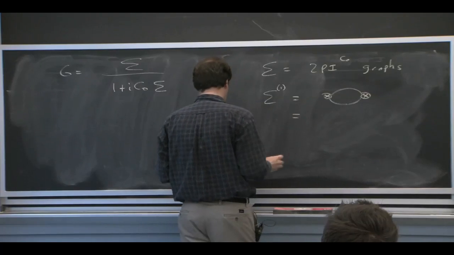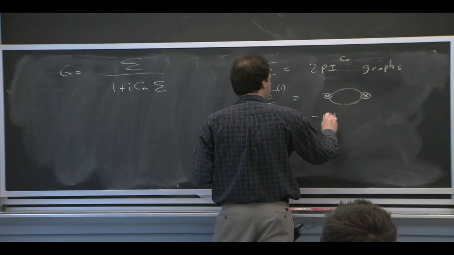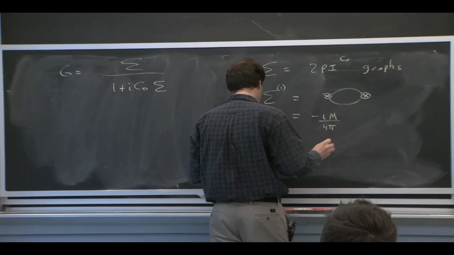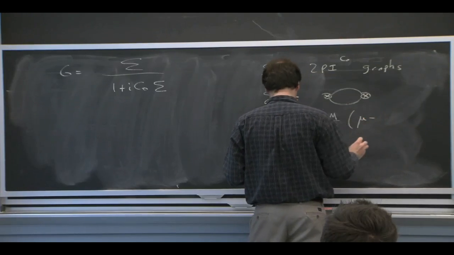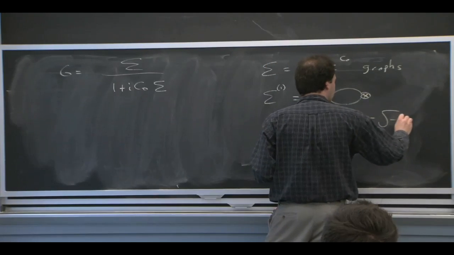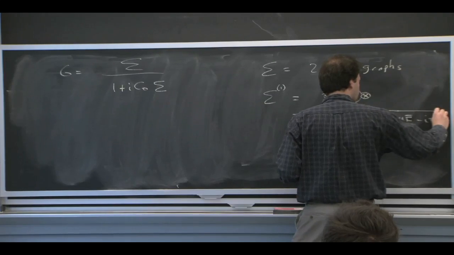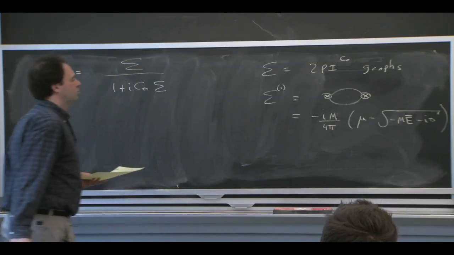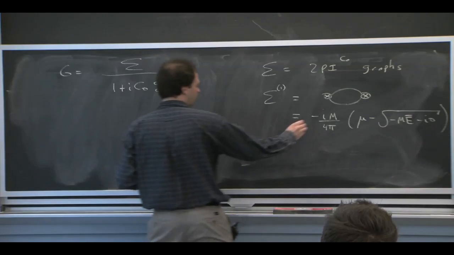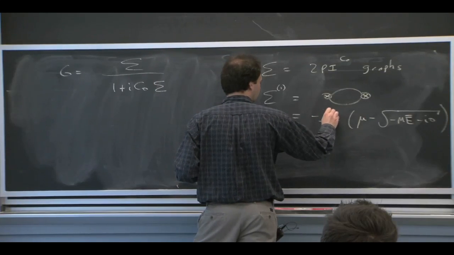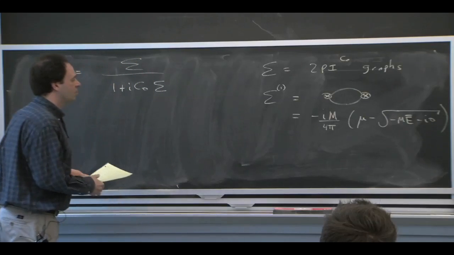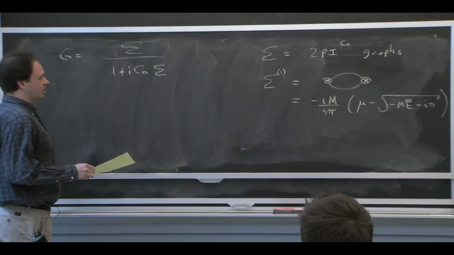And that's something that we computed before. And in these renormalization schemes that we like, it just comes out to be this. So there's an M out front, M nucleon. That's an M, not a mu. And then in terms of this E bar, it just comes out to be that.